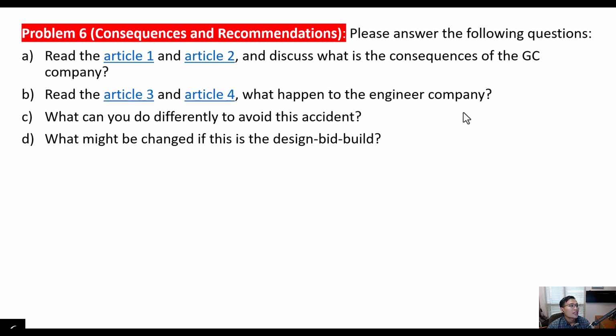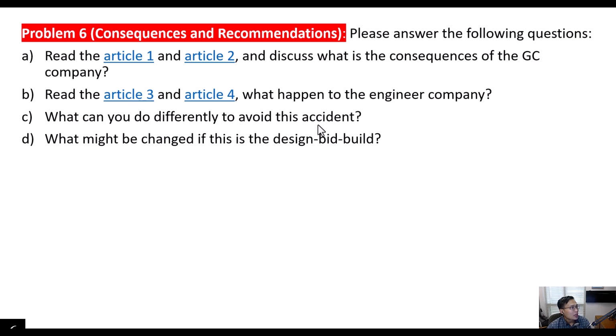If this one were design-bid-build, then maybe the engineer would be the one to take all responsibility because there is an error in the design. However, this one is design-build, so the GC takes the highest responsibility.